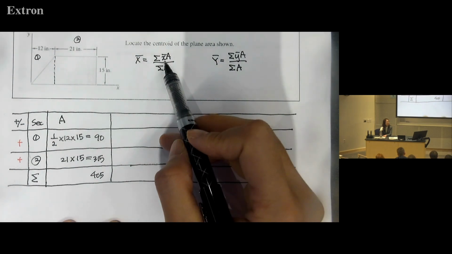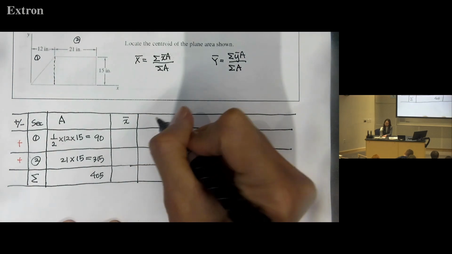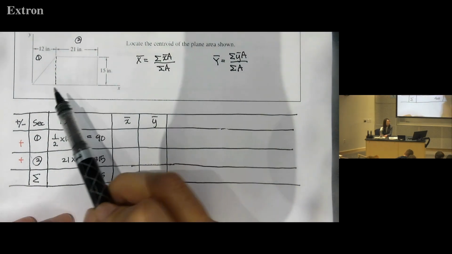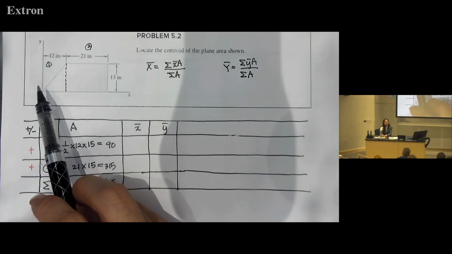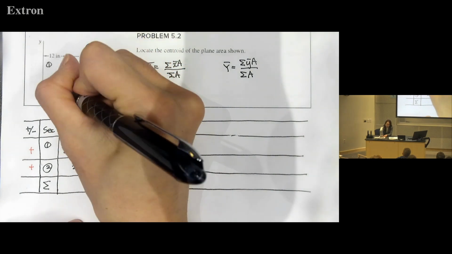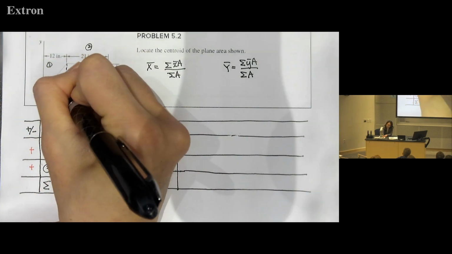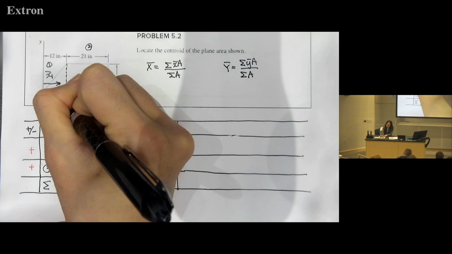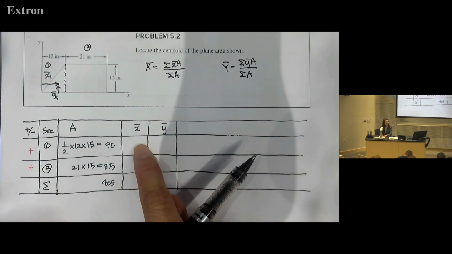And then next, X bar and Y bar. So the first part, triangle, where is the centroid? Triangle. So it's somewhere here, right? It was a clicker quiz, right? And then this is X bar 1, and then this is Y bar 1. Okay, and then what is X bar 1?